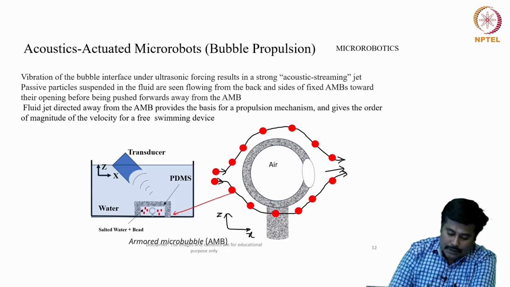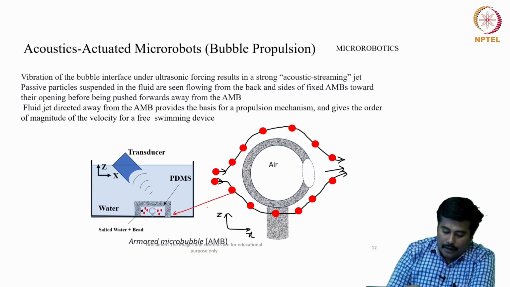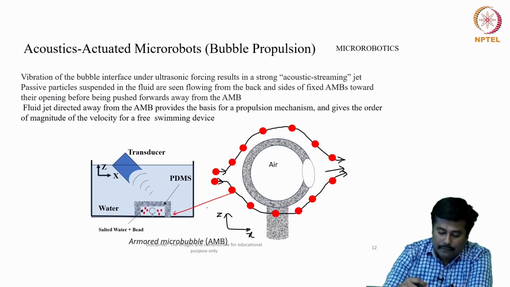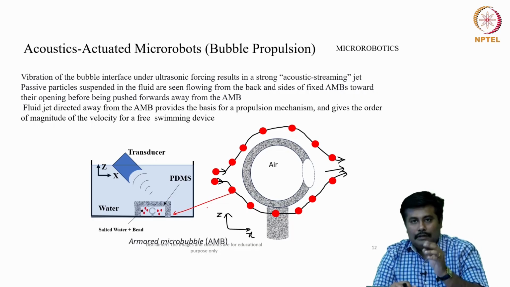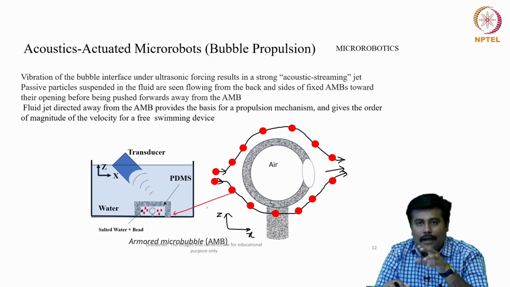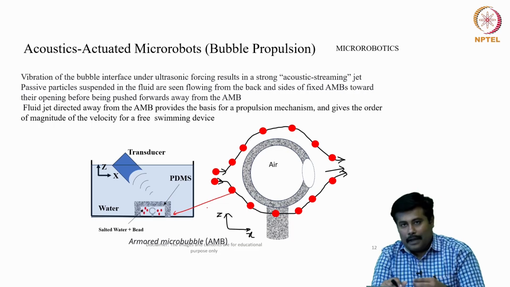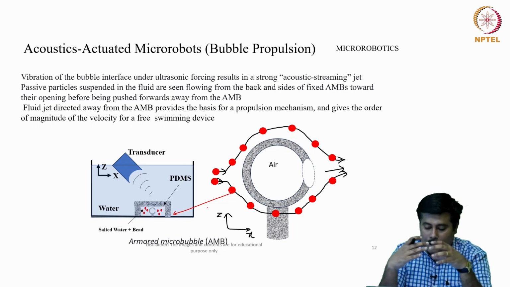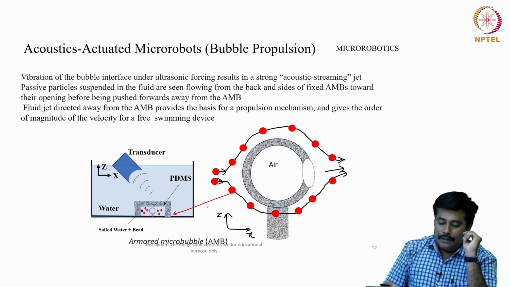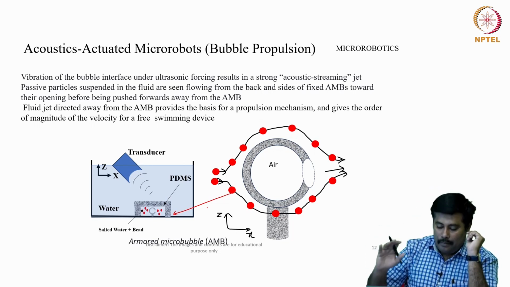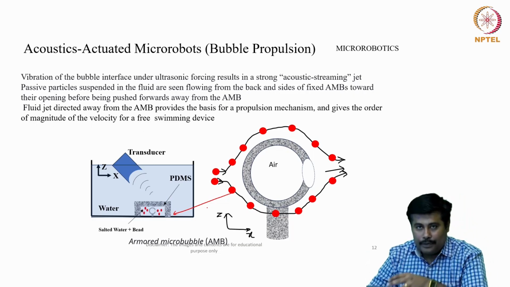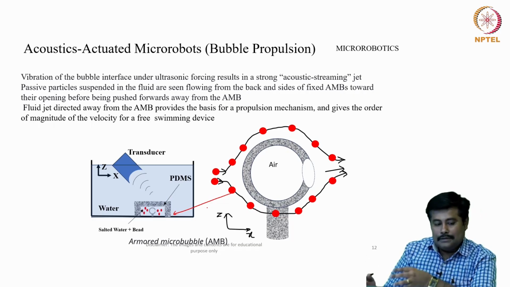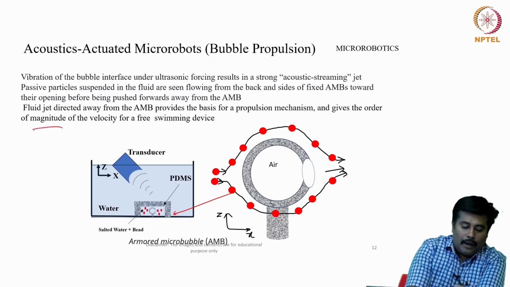So, this is an inset image, where there are water and particles. When the transducer excites, it creates a propulsion mechanism. Ideally bubbles will be generated. These bubbles will try to align the beads in a particular fashion, and because of the movement of the beads, we can expect a propulsion mechanism, and the overall propulsion mechanism will have an impact on the magnitude and the velocity.